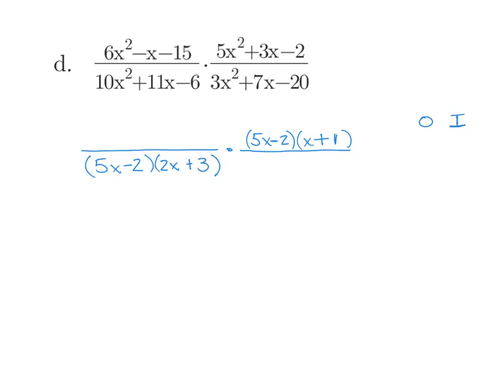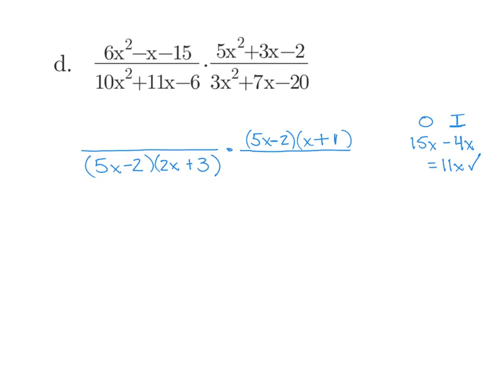My outsides, if I multiply this, I get 15x. My insides, I get negative 2 times 2x is negative 4x. Is that equal to 11x? Yes. So this is a correct factorization.